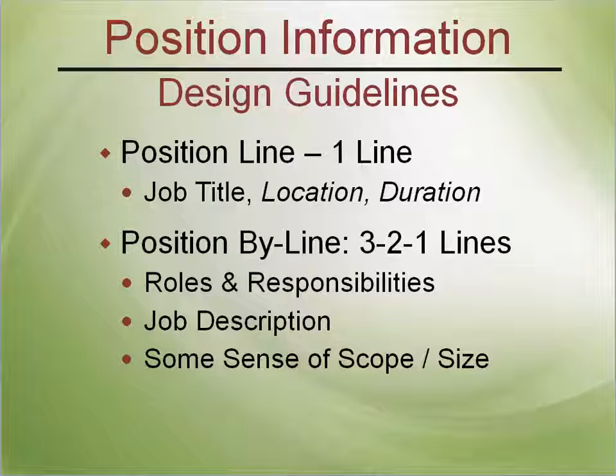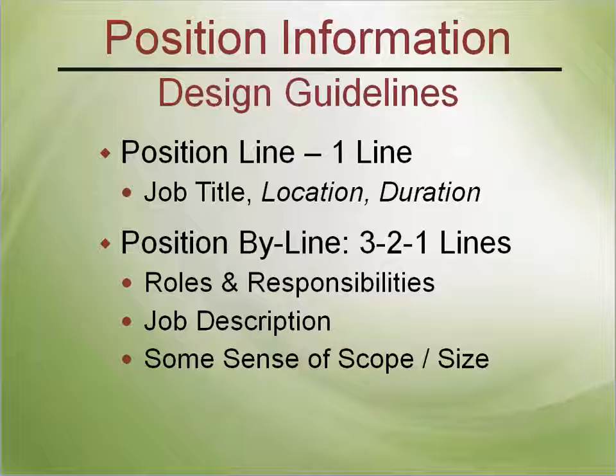If you are using the chronological resume style, you would follow the position byline with 2 to 5 bullets of your achievements while in that specific position. If you held multiple jobs that were significantly different, you may want to list one position line followed by its associated position byline, then list a second with a second, and so on.